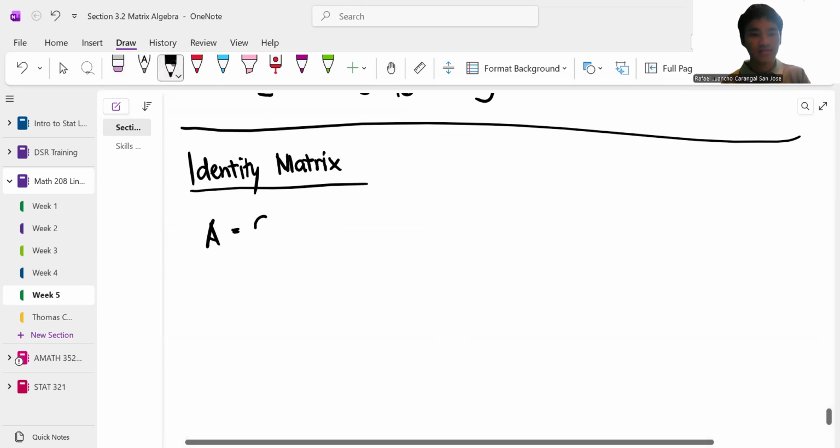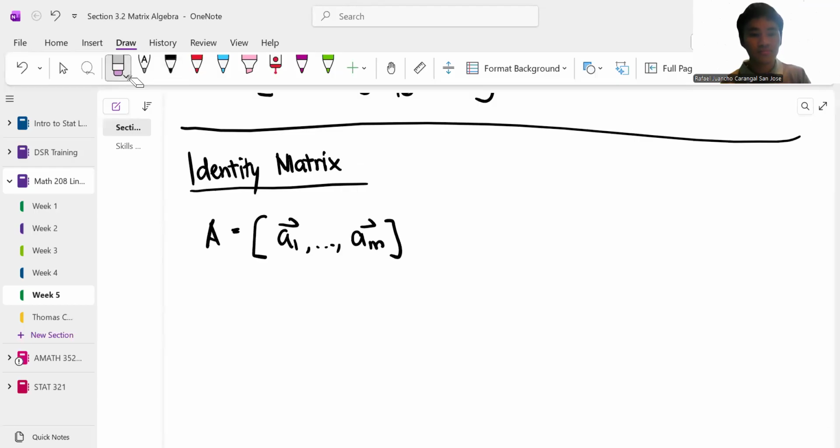A has a column of vectors A sub 1 to A sub m, my bad, and it's an n by m.